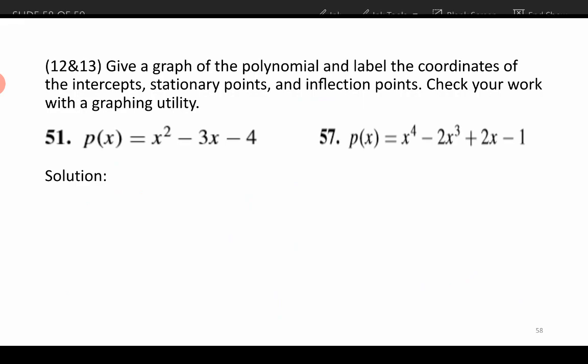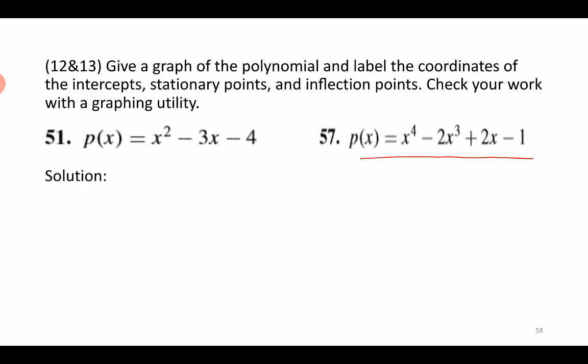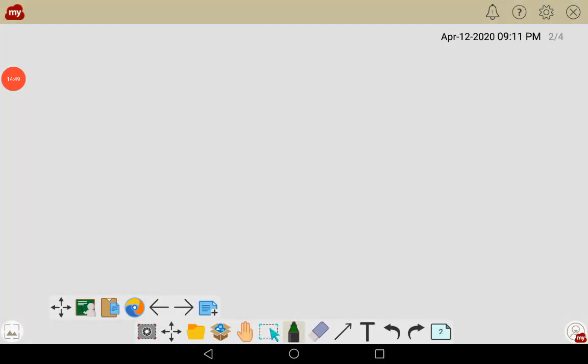Note down this problem. Let's continue with the problem here.